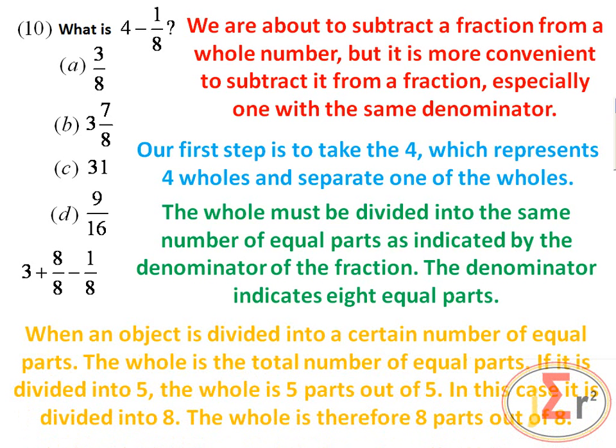When an object is divided into a certain number of equal parts, the whole is the total number of equal parts. If it is divided into 5, the whole is 5 parts out of 5. In this case, it is divided into 8. The whole is therefore 8 parts out of 8.